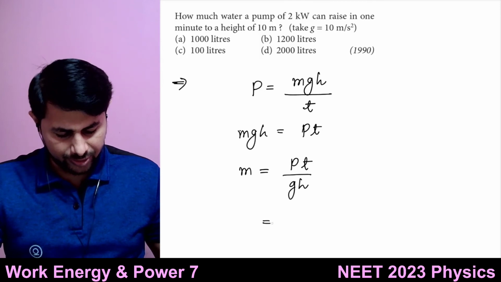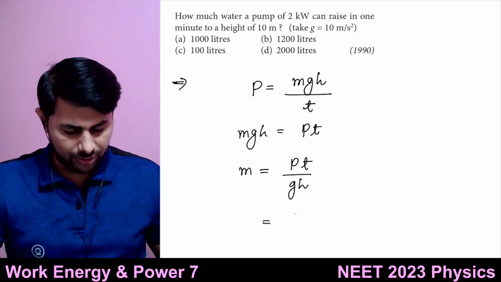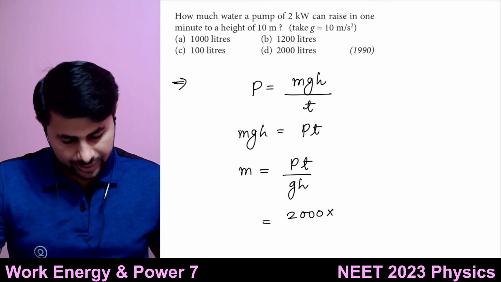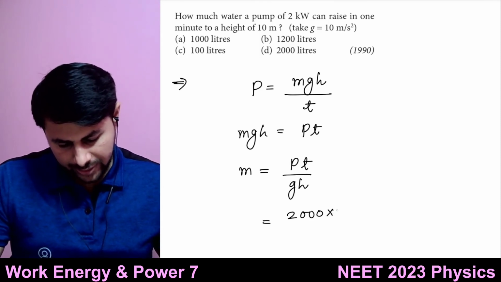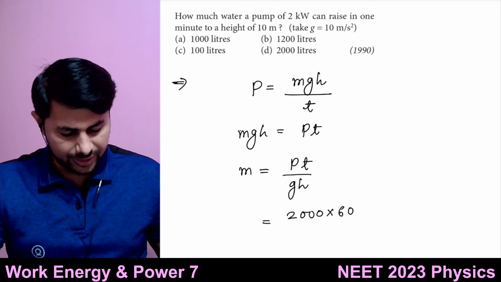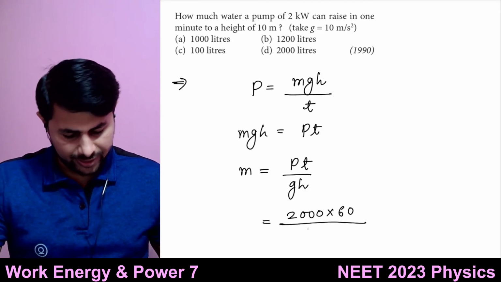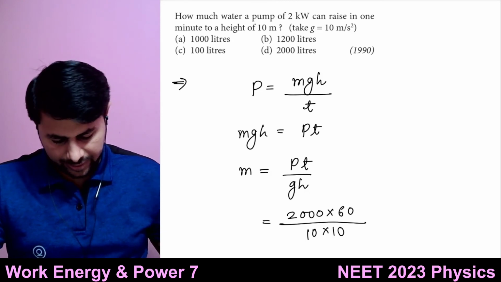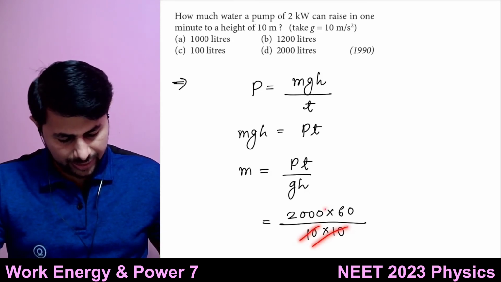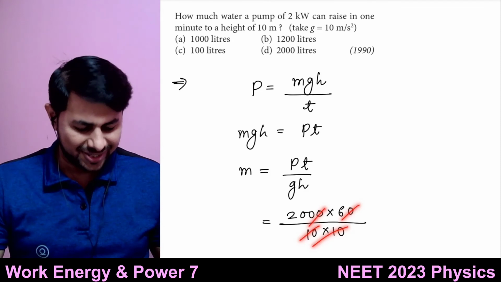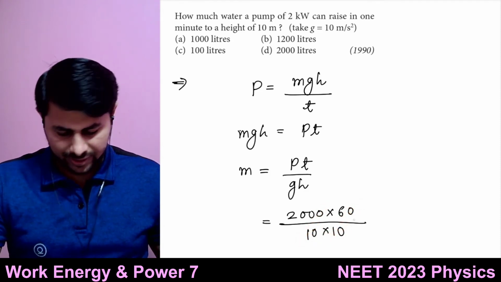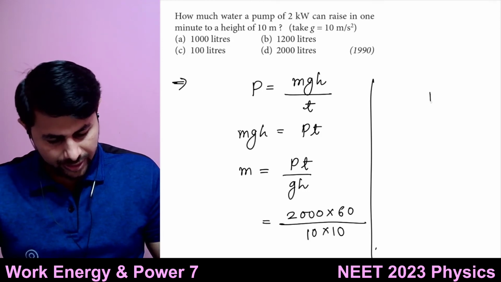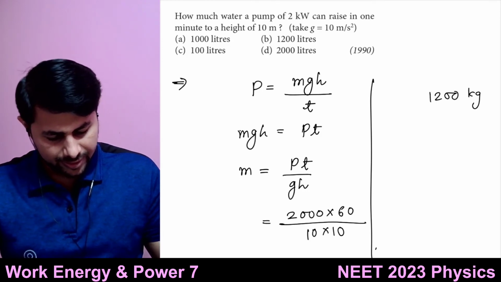And now we can substitute values. So power is 2 kilowatt, that means 2000, multiplied by time. Time is how much? 1 minute, so 60 seconds, divided by gh. g is 10, h is 10. So two zeros get cancelled. 200 times 6, 1200. 1200 kg is the mass.